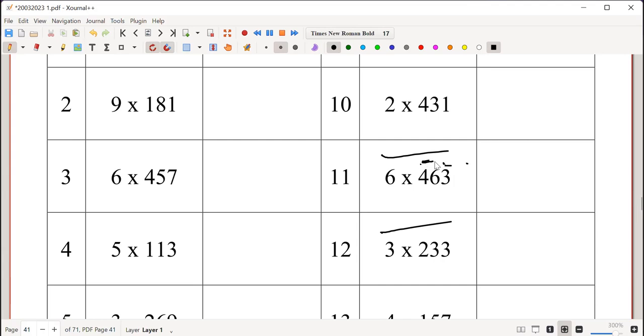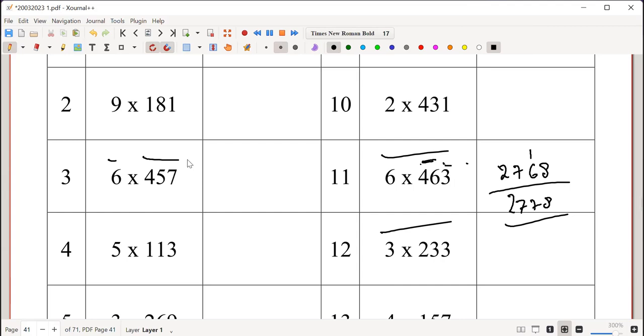It will be like 46 into 6 is 240 plus 36, 240 plus 36, 276. Right? 6 3s are 18. Right? 2760 plus 3.